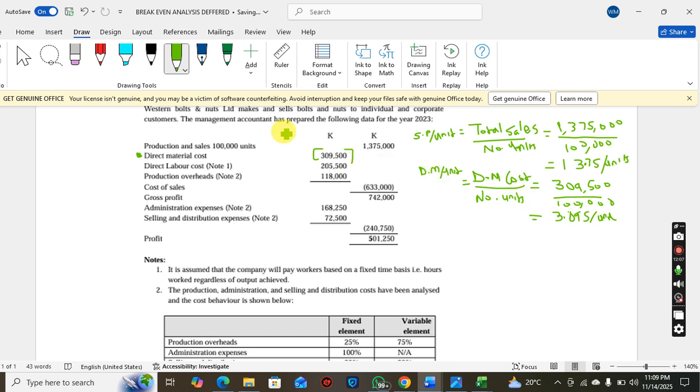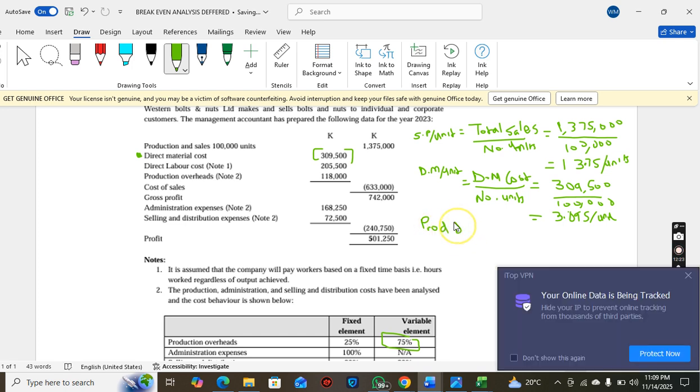Then the next, the production overheads. They've told us 75% of the production overheads are variable. So production overheads, let's find out the variable amount.